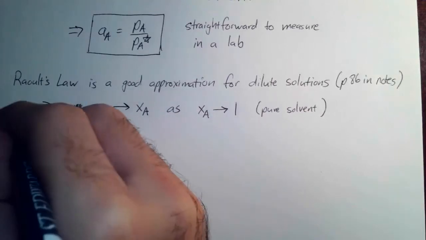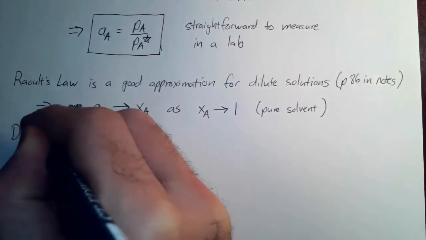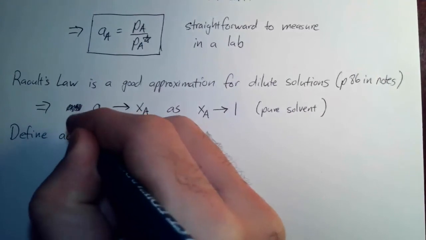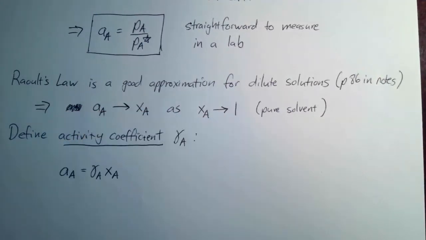Okay, now we can define a new quantity called the activity coefficient, which is defined like this. The activity coefficient basically encapsulates the deviations from ideal.